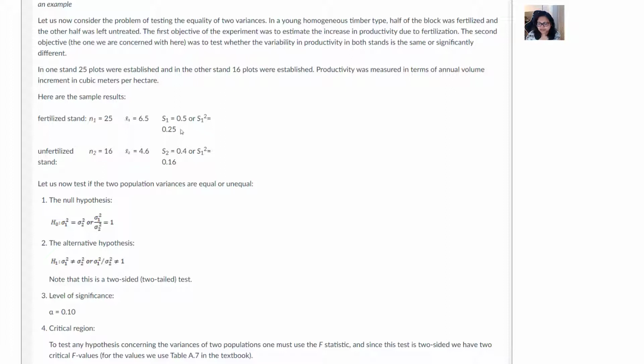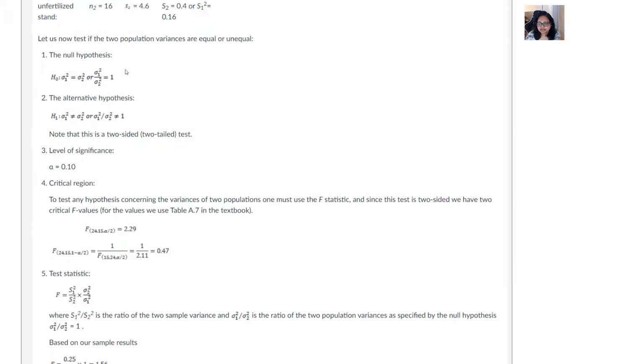From the populations, we collected some samples: in one group we collected 25 samples, and in another group 16 samples, and then we have the mean, the standard deviation, and the variances for the samples.